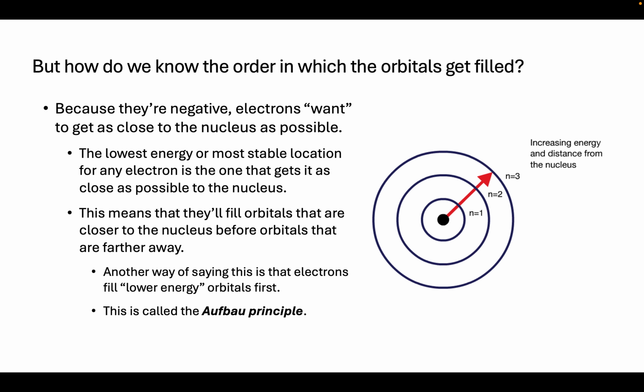So they're going to fill the lower levels first, the first energy level that's closest to the nucleus, and then move out. That also means they're going to fill orbitals that are closest to the nucleus before orbitals that are farther away. This principle of electrons filling lower energy orbitals first is called the Aufbau principle, and we can use this to predict the configuration for an atom.